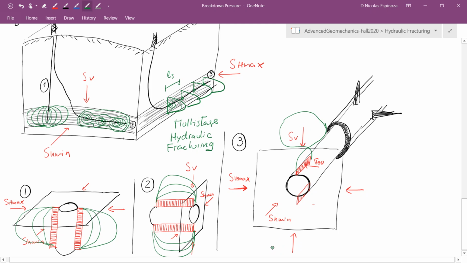So let me repeat this over here. This is going to be more or less like this, and more or less like that, where again, these two planes over here are perpendicular to SH mean, but the plane close to the wellbore is perpendicular to the least local principal stress, which in this case is the hoop stress.